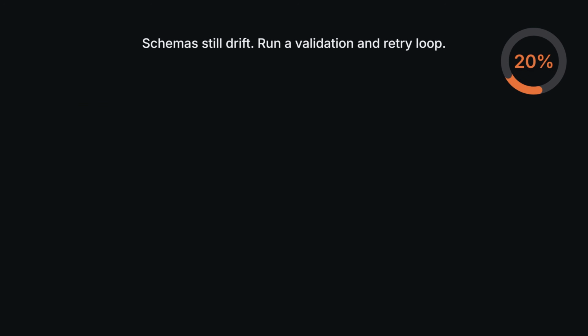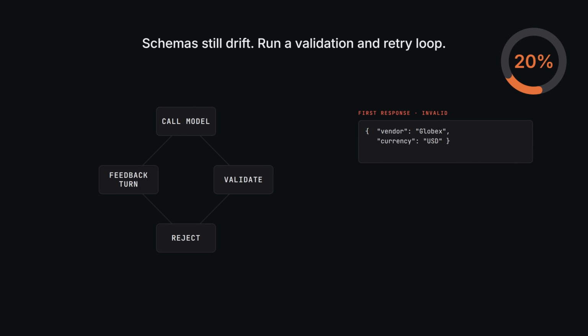Even with tool use, schemas drift sometimes, and the pattern for handling that is a validation and retry loop. On every response, you run the returned JSON through your schema validator. When validation fails, you do not retry blindly.